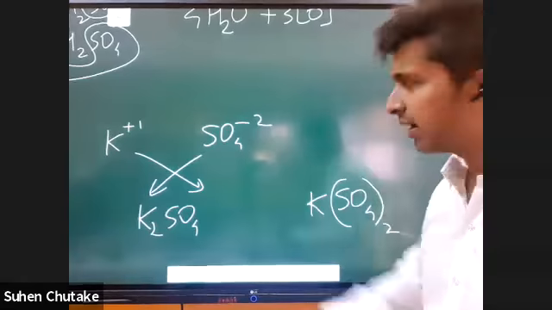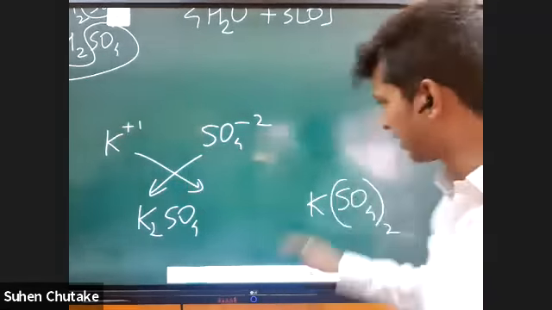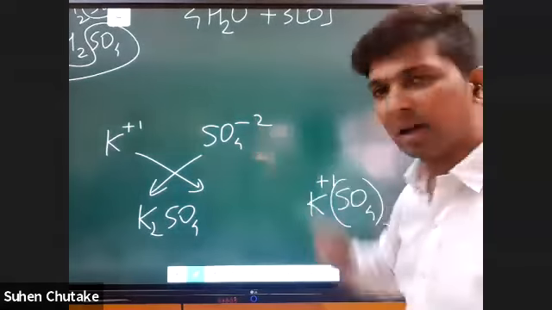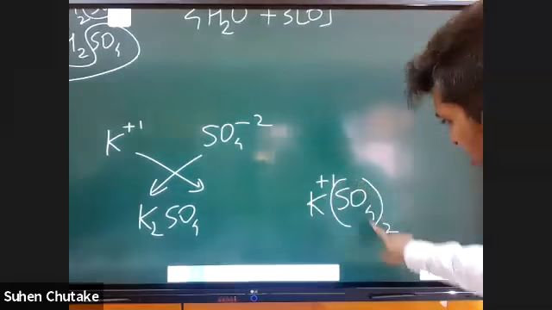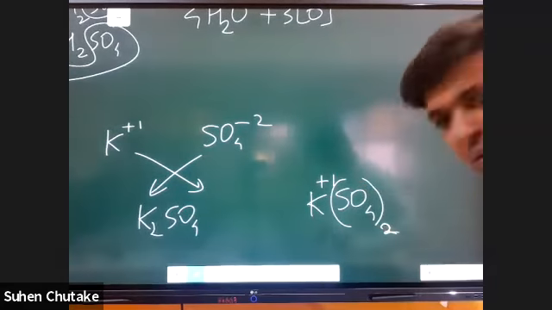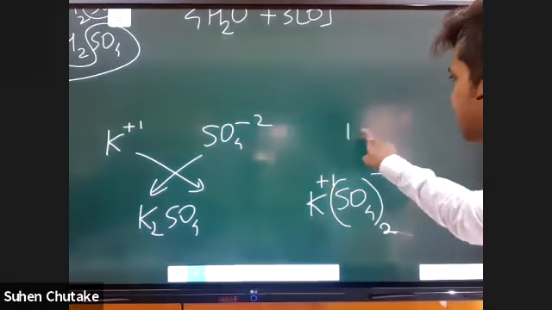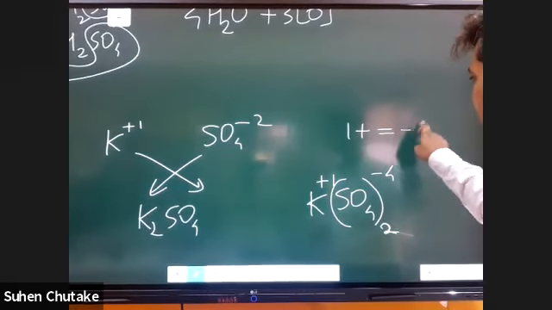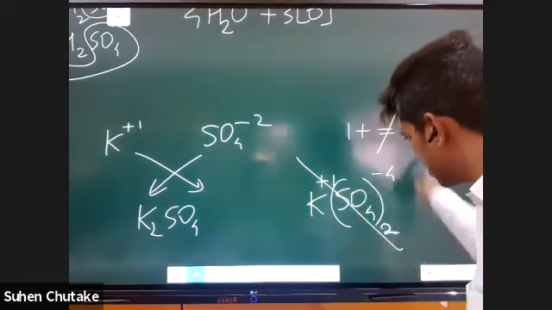K का charge कितना है? Plus 1 है. K is plus 1. SO4 is how much? -2. -2 और ये कितना नंबर है? -2 into 2 कितना हो जाएगा? -4 हो जाएगा. So +1, -4, is it equal? No, sir. It's not equal. So this structure is wrong.